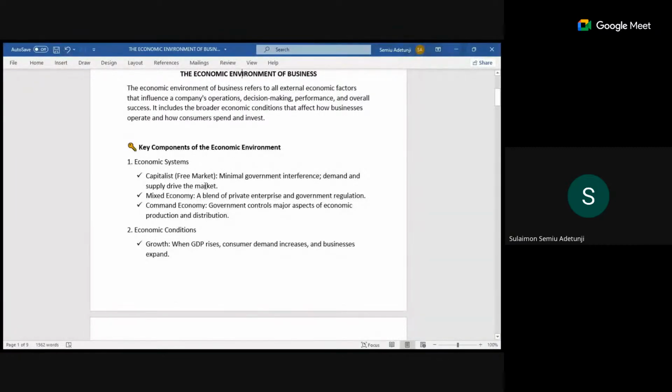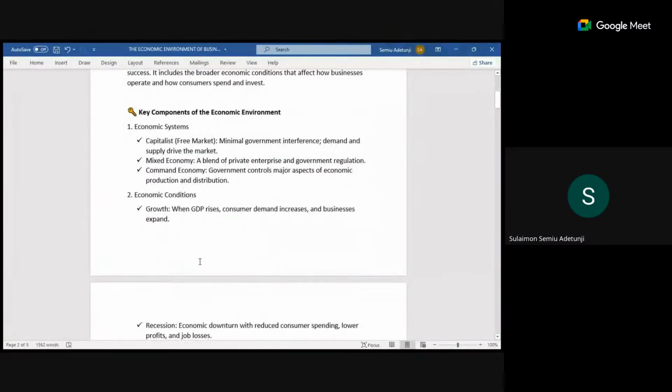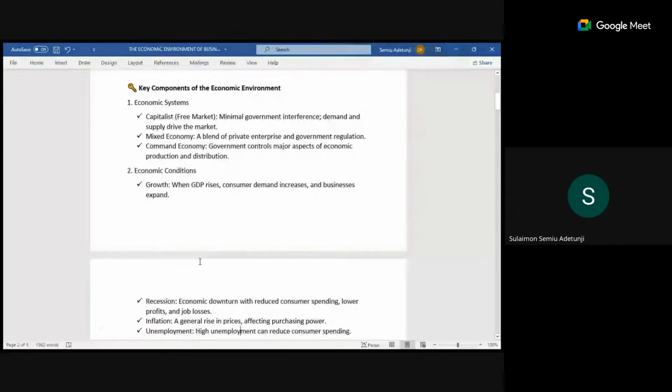Then economic conditions of the market, like growth. When GDP rises, consumer demand increases, and business expands. What is even GDP? GDP is gross domestic product.